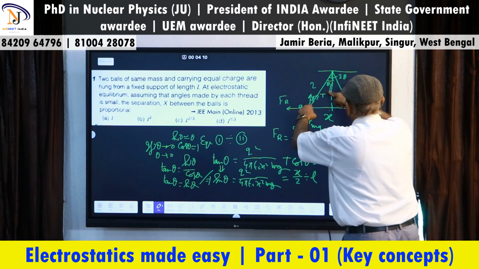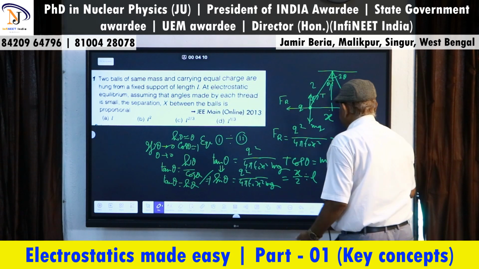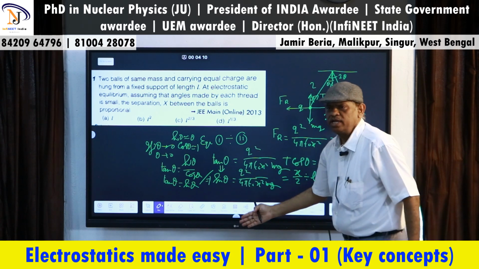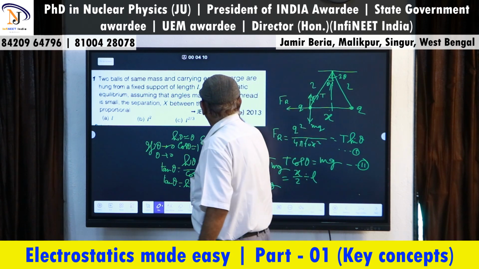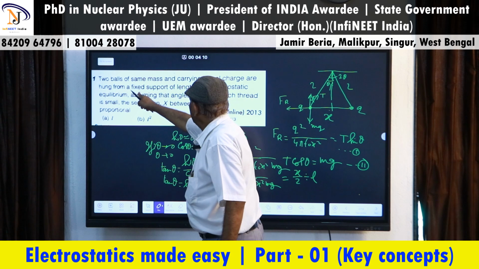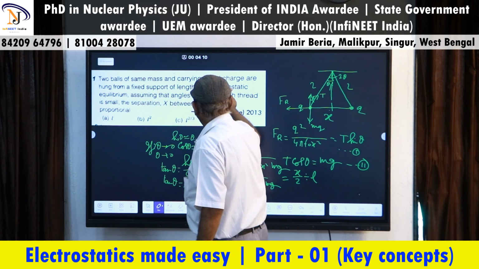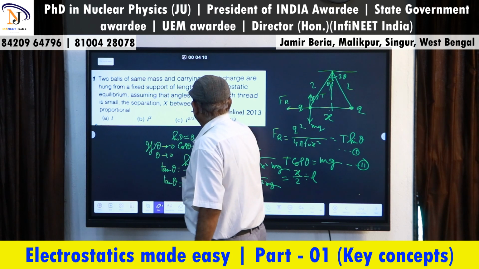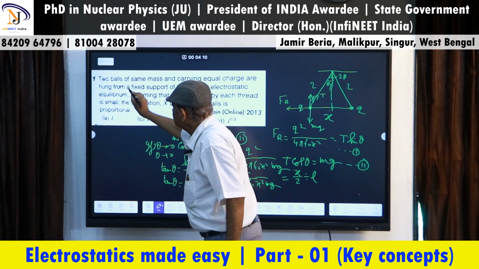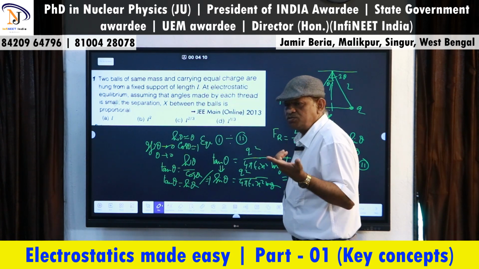Why does sin theta equal tan theta? Because they have told us to find the separation between the balls at electrostatic equilibrium, assuming equal charges, where the angle made by each is very small. That is why theta tends to 0.